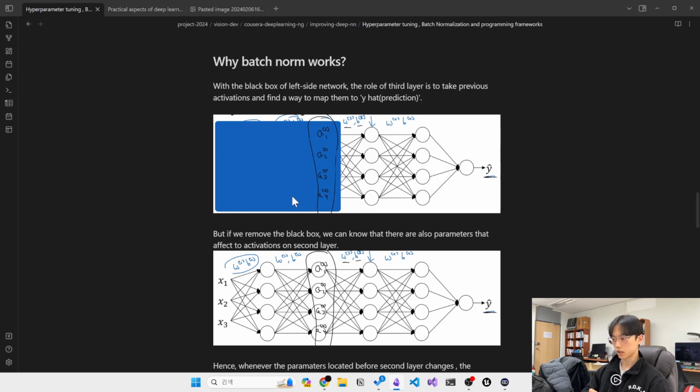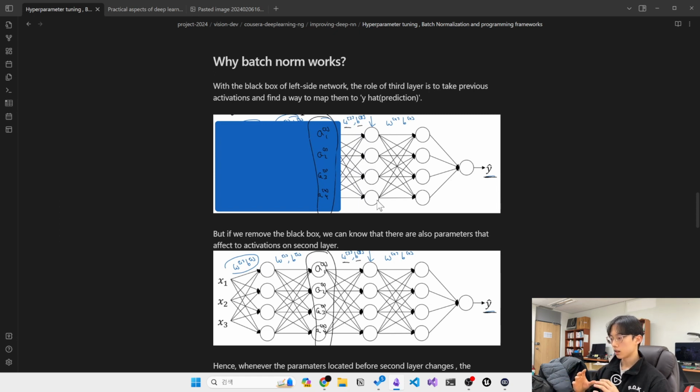And why does batch normalization work? Let's assume that we have a black box on the left side of the network. To compute its output, the third layer takes the activations from the previous steps and tries to find a way to map them to y hat, which is the prediction.